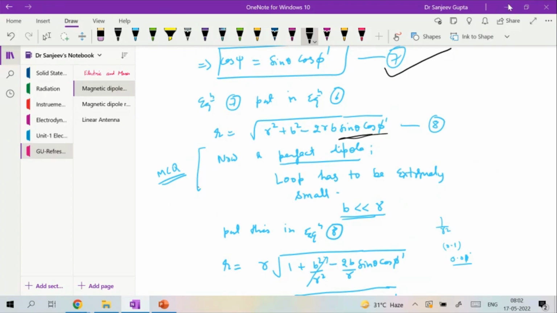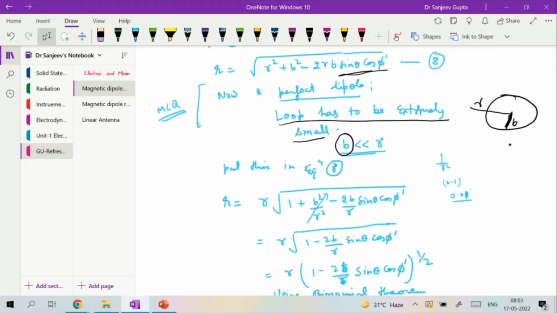So if I take the perfect dipole moment, for a perfect dipole moment the condition should be that the loop has to be extremely small. It means the b value should be very, very small as compared to the r value. So it should be like a dot, very, very small as compared to r.